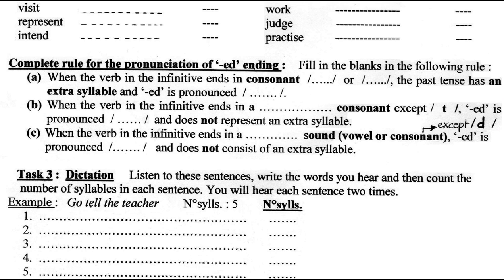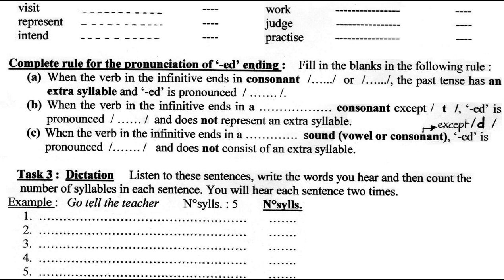When the verb in the infinitive ends in consonant t or d, the past tense has an extra syllable, and ed is pronounced id, with a short e. Great. So this is the first part of the rule.